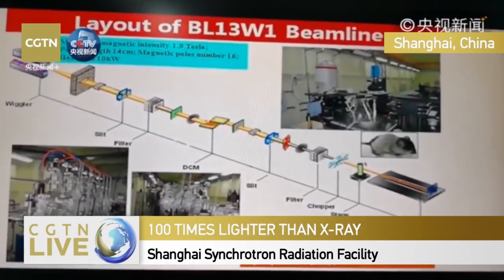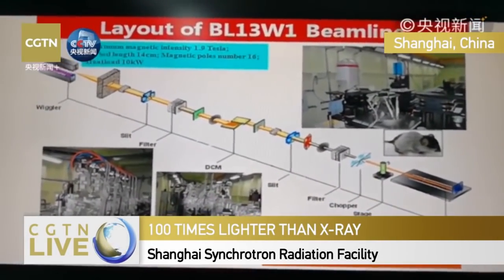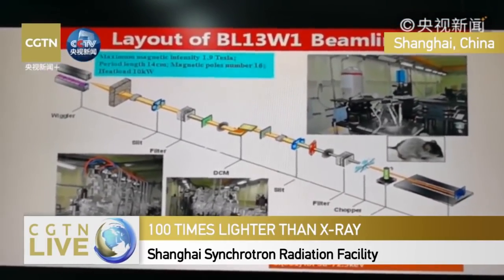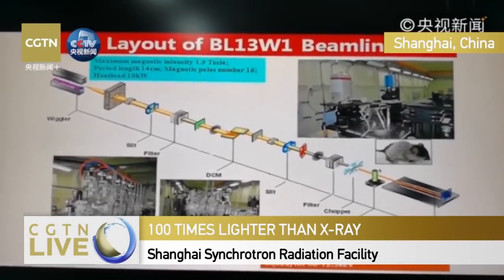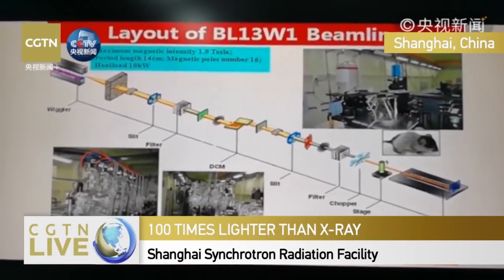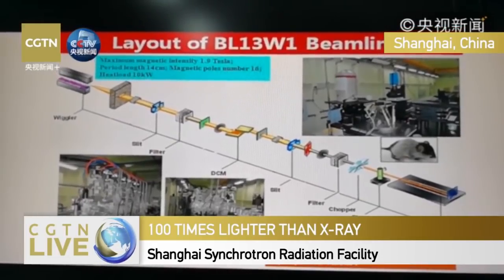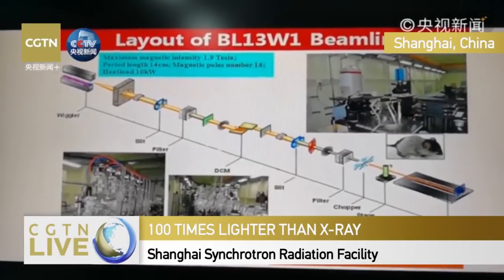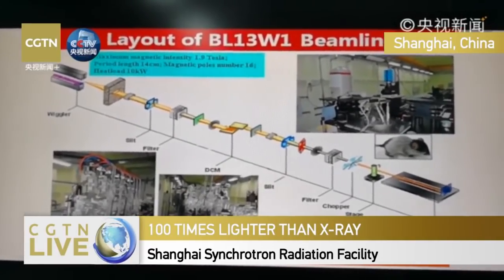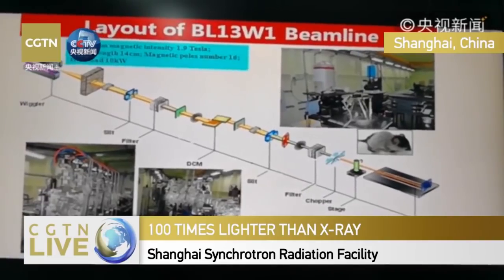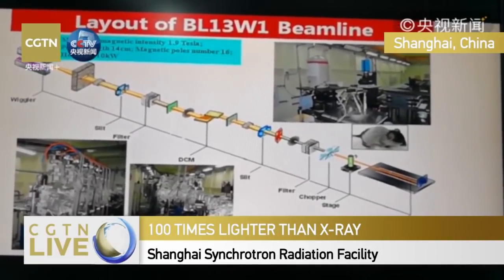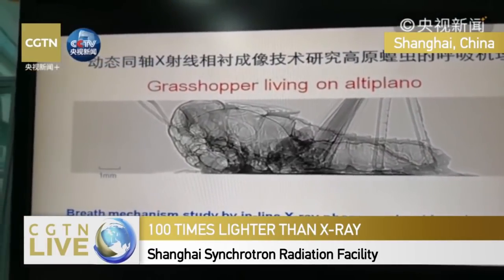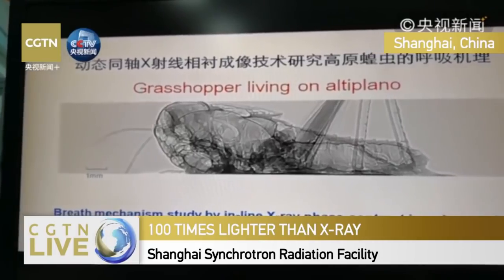And as for mice, we can say there may be a tumor, and we can observe the structure of the tumor, analyze how the tumor comes into being, and at the very late stage, we will go to human beings. But this X-ray is too strong. So how can we observe the internal organ structure without damaging the human body? This is what we need to discuss.